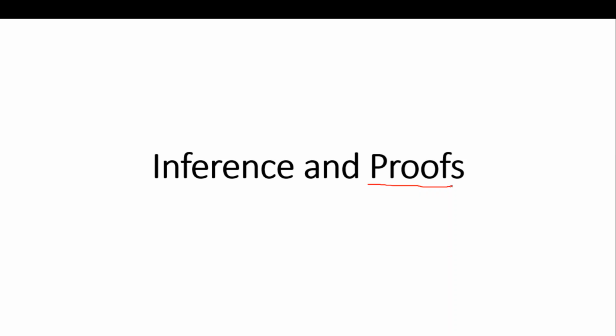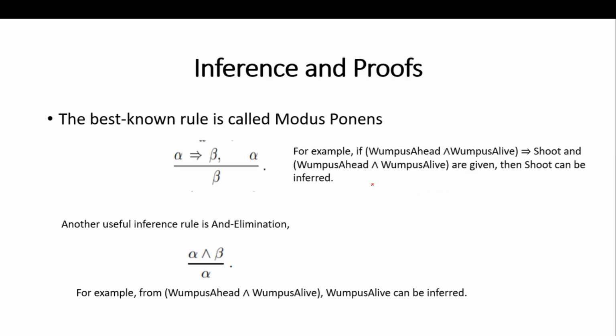Because our time complexity will be reduced. We need not maintain such big tables; rather, with little information itself, we can infer. That can be achieved by using inference and proofs. So that's what we are going to discuss now.